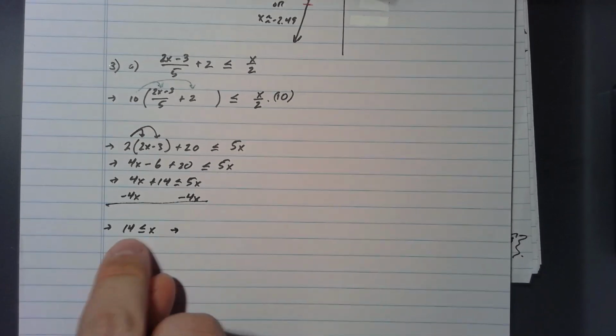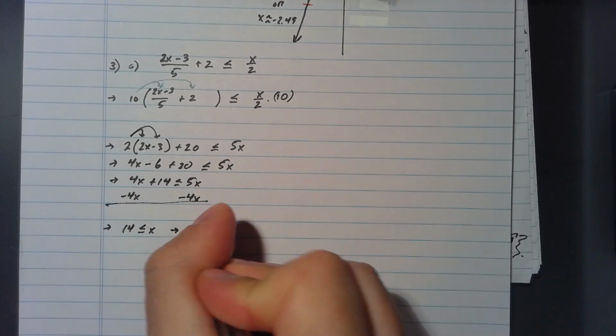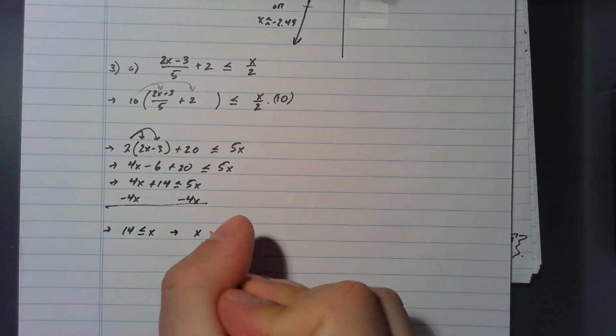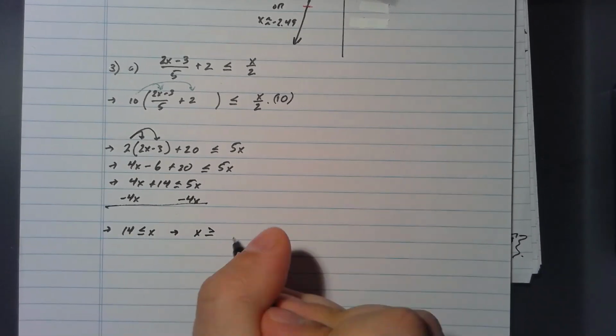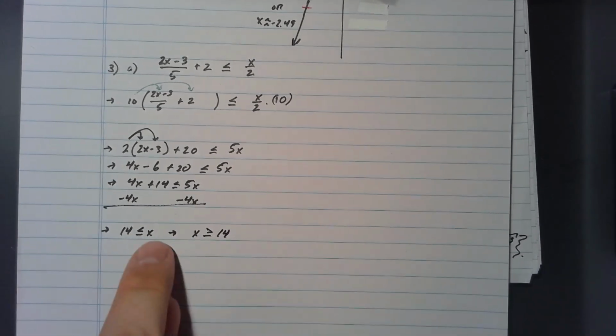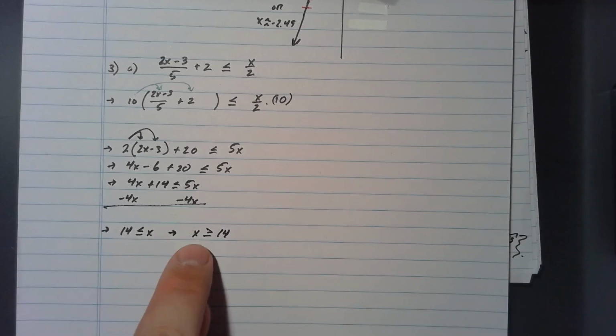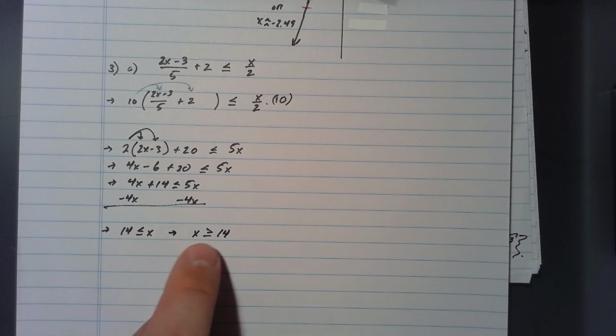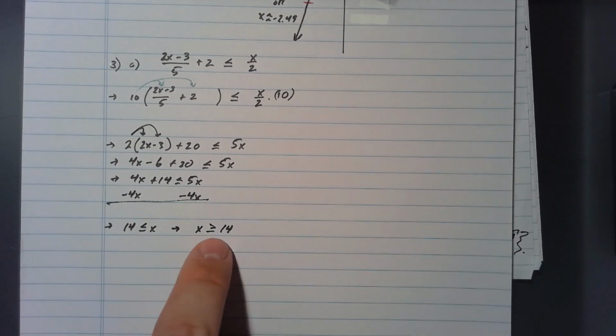So if I want to write it that way, I have to write it as x. Now the open part of the inequality is facing the x, so it has to be the same. The open part of the inequality still has to face the x here. Both of these are the same thing. See how the open part is still facing the x? So the open part still has to face the x if I reverse the order of this. So this is my solution.